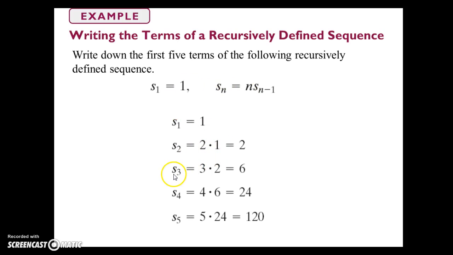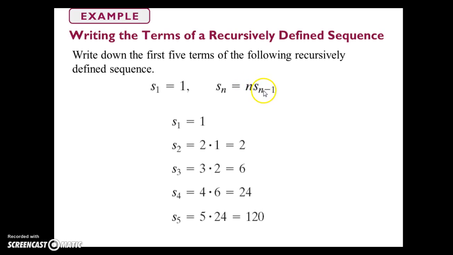Okay, so the third term, S sub 3, I plug in a 3 for n. What's 3 minus 1? S sub 2, the second term, which is 2. So that's 3 times 2 is 6. These are recursive formulas because it's based off a previous term, okay? Let's plug in a 4, n sub 4.